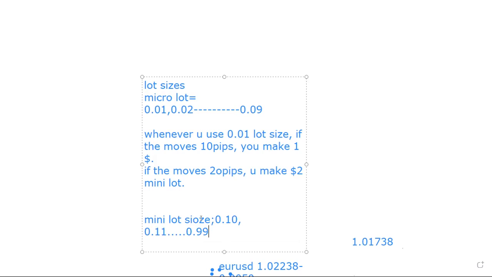Now let me give you the implication when you use this kind of lot size. Let's say we are using 0.10 as a case study.